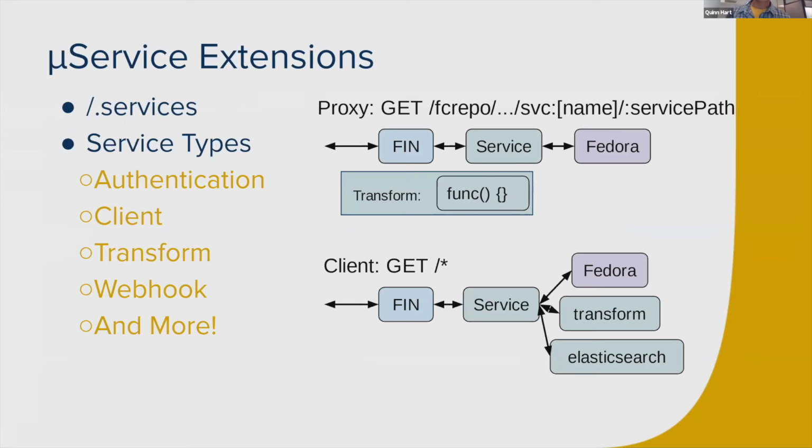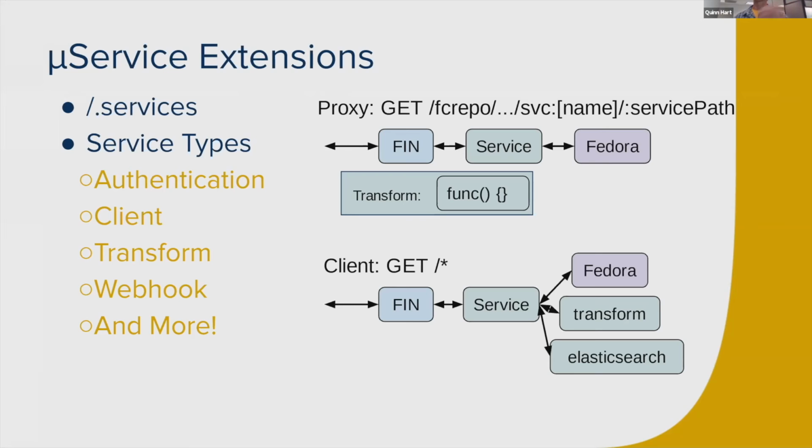The way that we extend it is that, as I said, we have this gateway, and the gateway actually reads the paths and intercepts the paths that go into the system. They might either go directly to Fedora, or if there's services that are built on top of that, it can instead send those requests directly to those services.